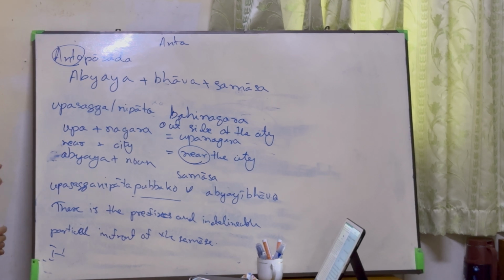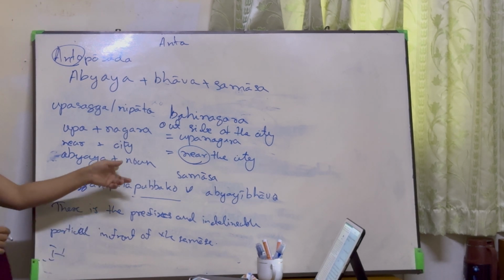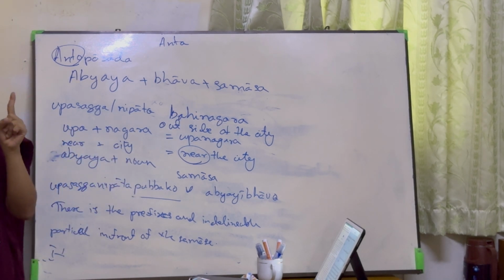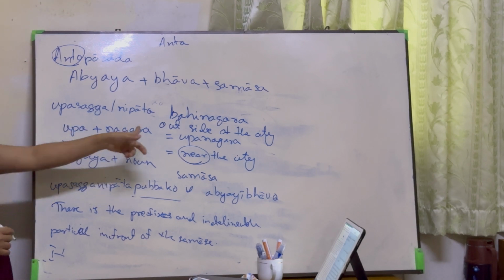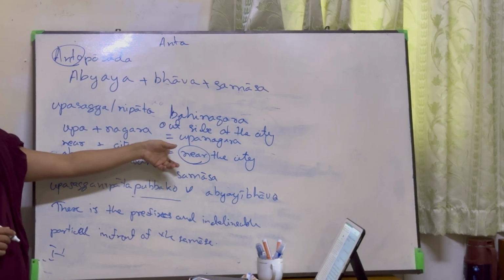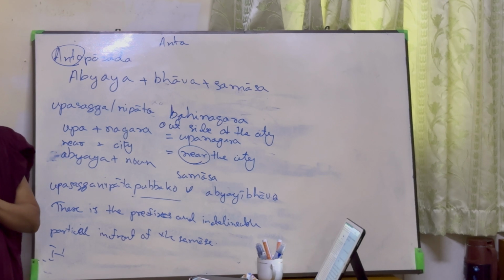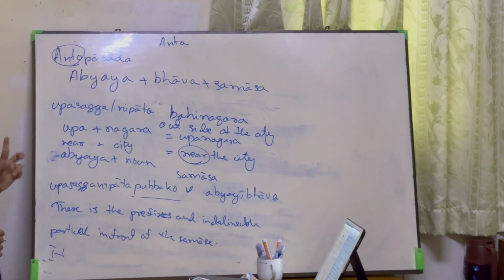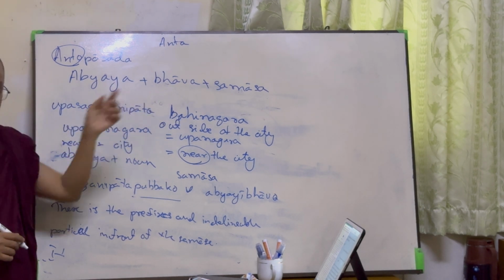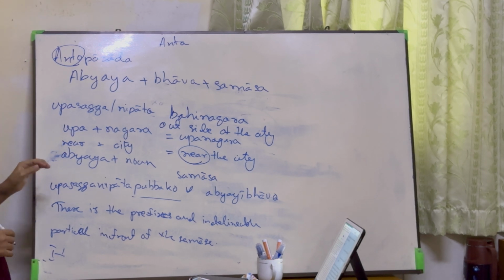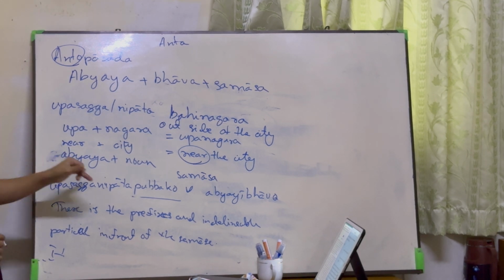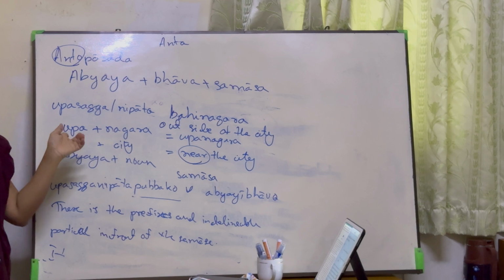This is one characteristic of the Abhyayibhava Samāsa. I already said that in studying Samāsa, the key is to know the gender, how to make the gender. Later I will continue. Okay, today let's not yet.